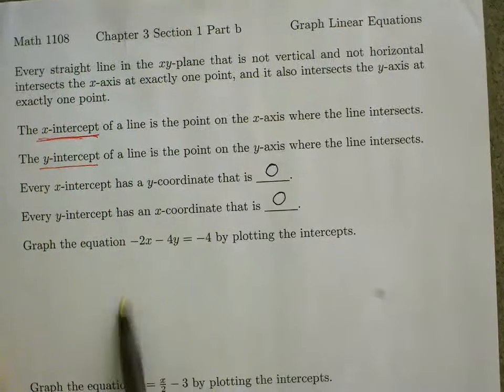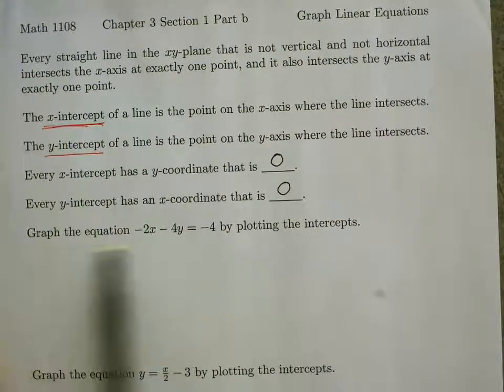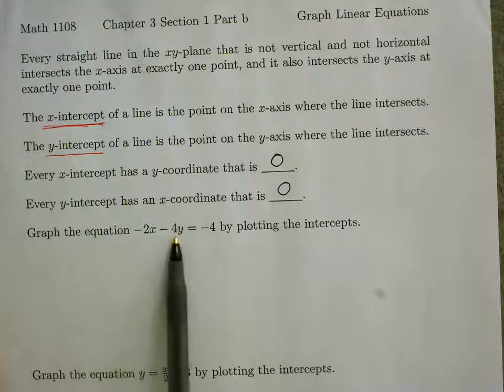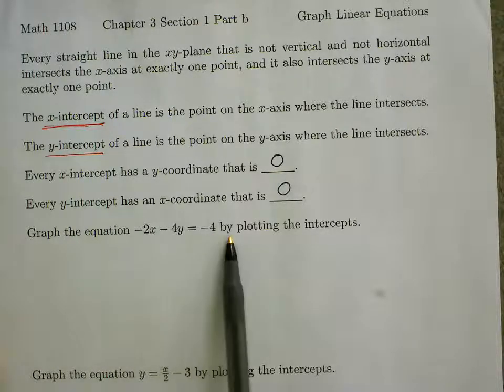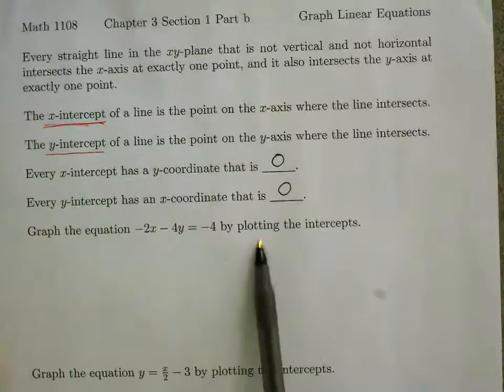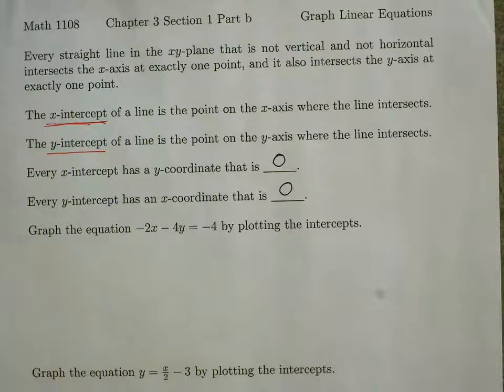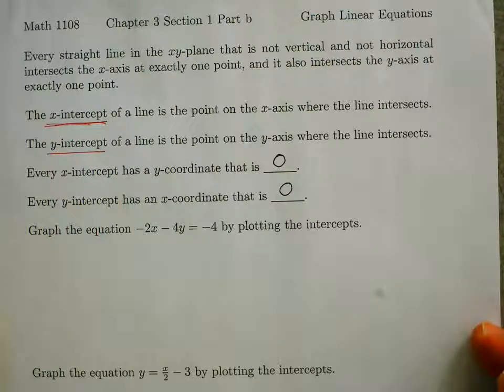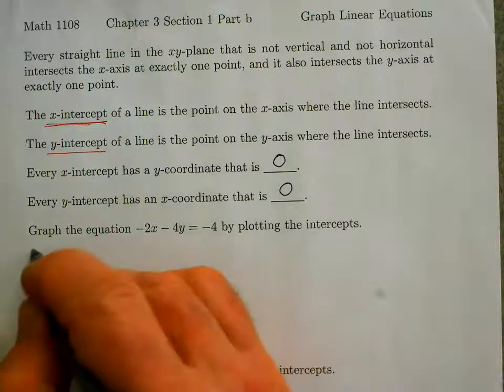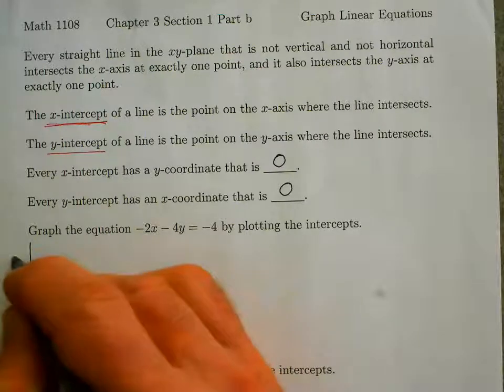So in this example, graph the equation negative 2x minus 4y equals negative 4 by plotting the intercepts. By that, it is meant x and y intercepts. Okay, so first we'll find the x and y intercepts.